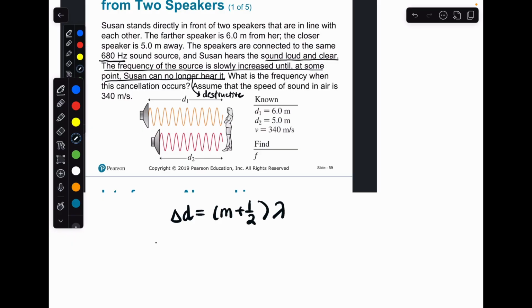So we can calculate that path length difference, which is 1 meter. And what we also know is, right, we don't have the wavelength exactly, but we know how to find the wavelength because we know the velocity and we know the frequency, and how they're related to wavelength.